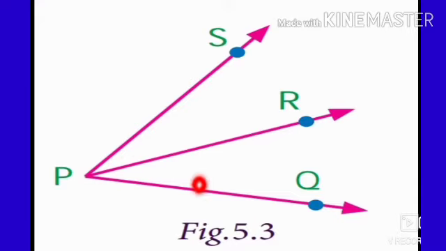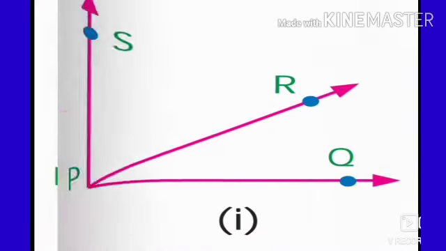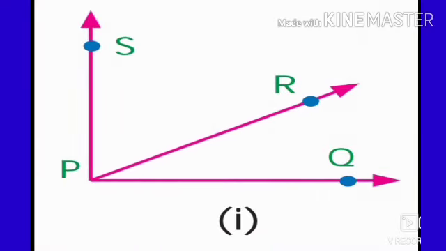When QPR and RPS, these two angles, are increased, angle QPS becomes, in the first case, a right angle.